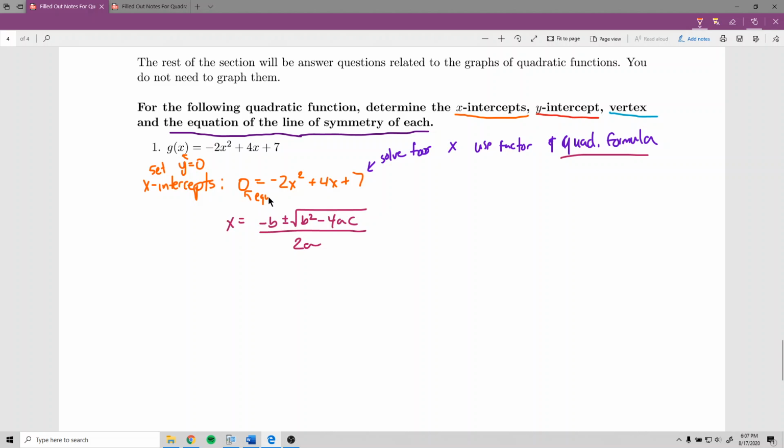All right, so let's go ahead and plug it in. B is 4, so we got -4 plus or minus the square root of 4 squared minus 4 times a, which is negative 2, times c, which is 7, all over 2 times a, which is negative 2.